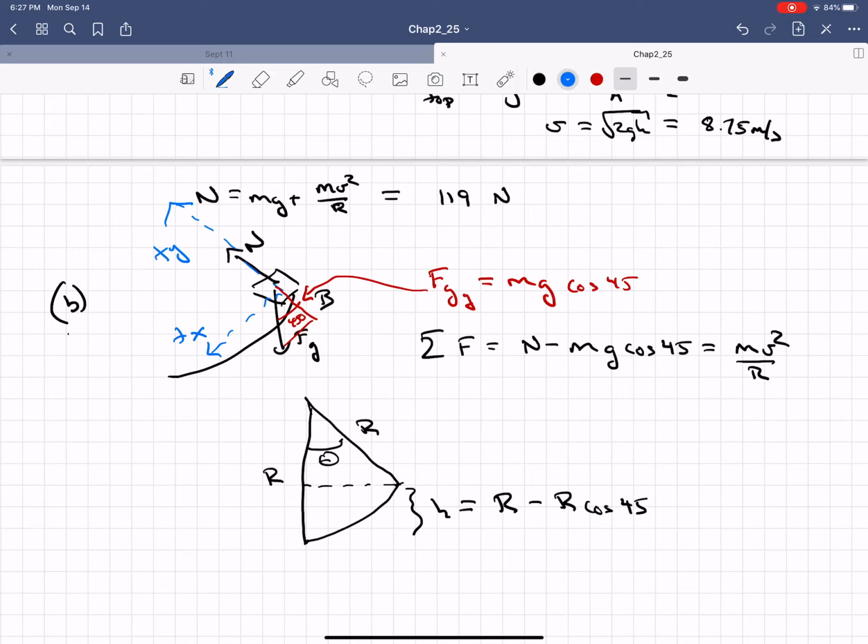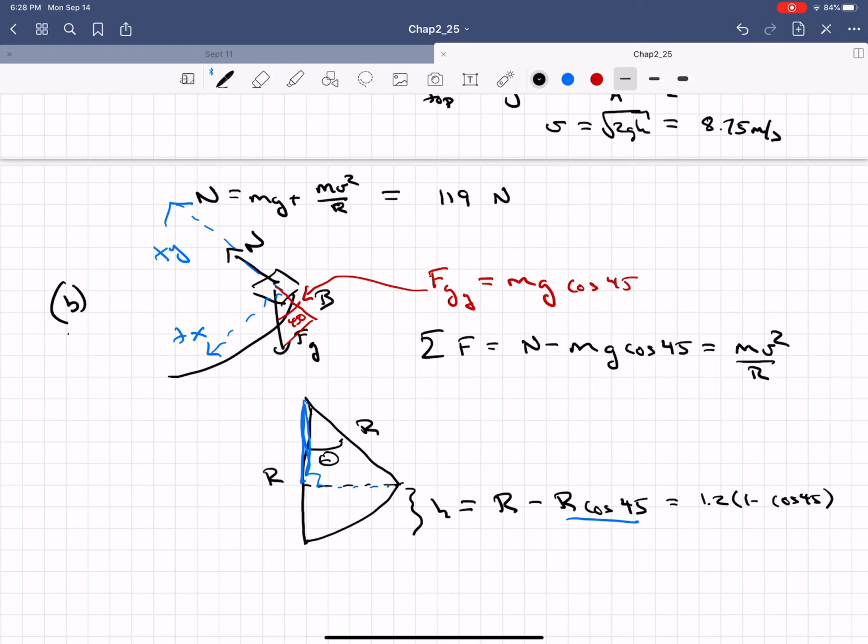Because this distance in blue is r cosine 45, because I can make a right triangle right here. And then the height would be the full distance of r minus that amount. So now, with that value of the height and using the 1.2 meters as my assumed radius, I can find a value of the height, and then I can conserve energy again.